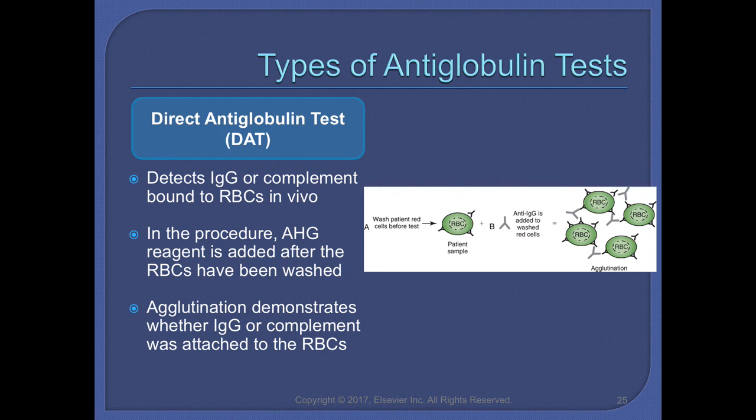So you have to wash the patient red cells before the test, and anti-IgG is added to the washed cells. If you see agglutination of these washed red blood cells, it demonstrates that either IgG or complement was attached to the red blood cells.